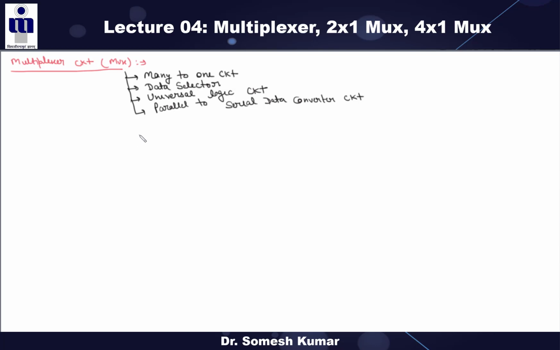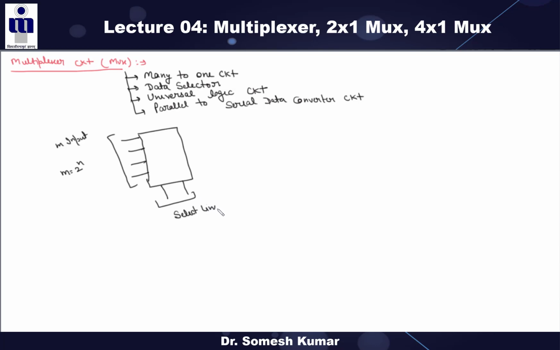In general, the multiplexer block diagram is shown in this way. So these are your inputs. Here I am saying M inputs, clear? And then there are also some inputs, which are basically called select lines.